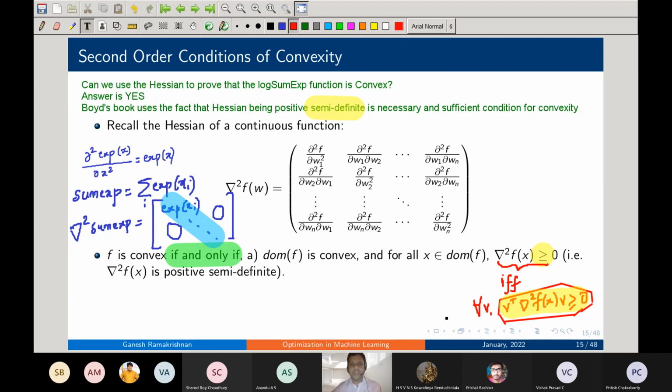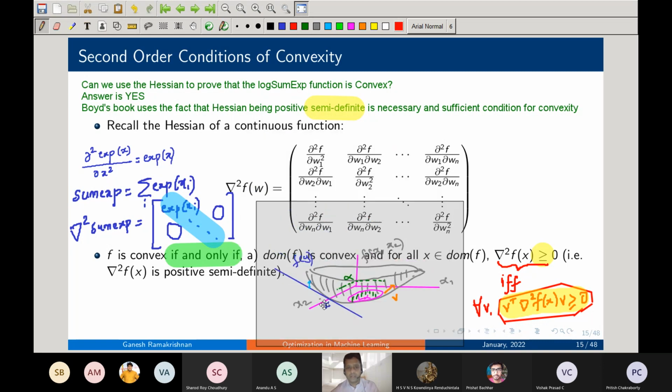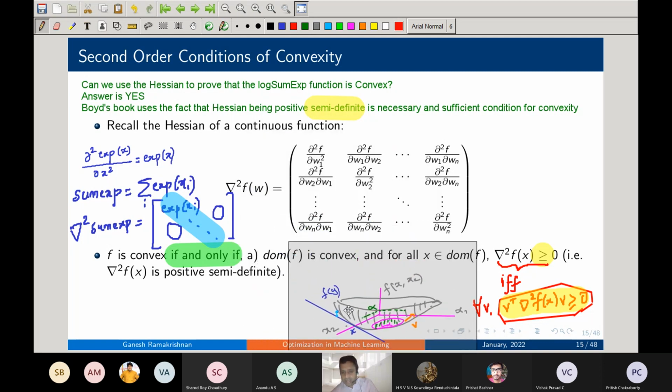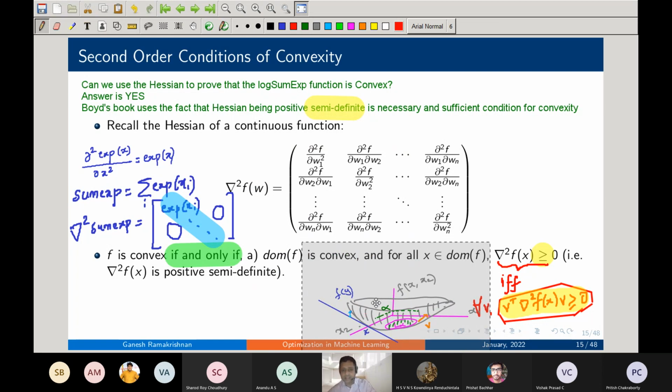Drawing it is going to take some time. What we are going to do is look at a slice of the function. This is a little tricky, but let me try anyways. This is my function, and there is a slice here.